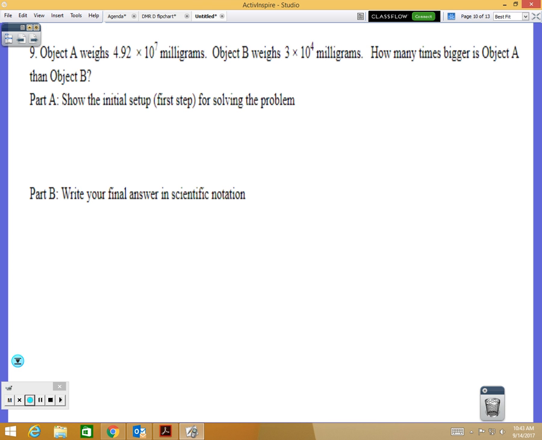It says show the initial setup, first step for solving the problem. That is where you would show that you were dividing those 2 numbers. That's all they were wanting in part A, was that you were showing that you were going to divide. Part B is where you're actually solving it, writing your final answer.